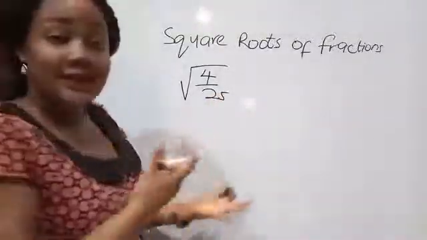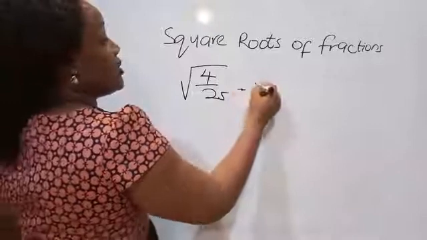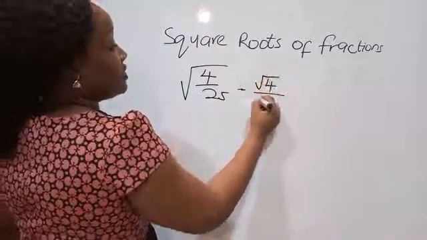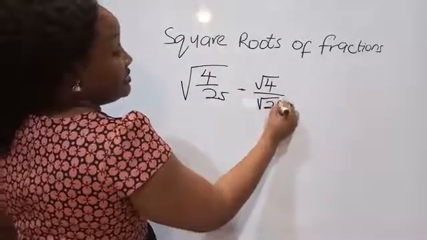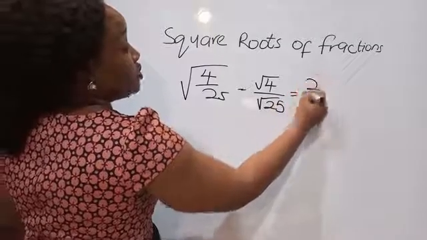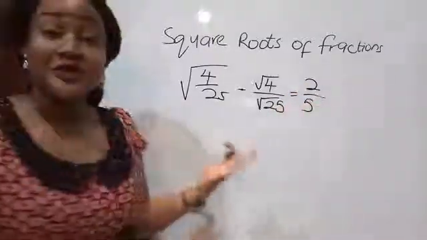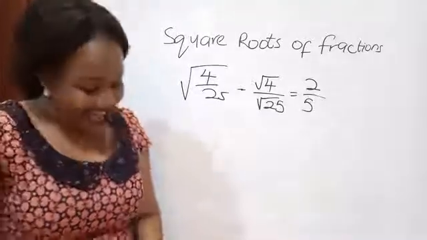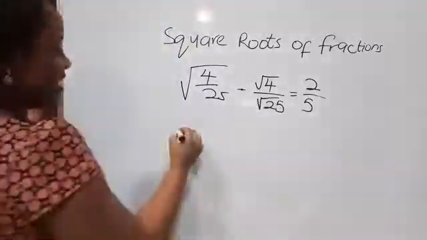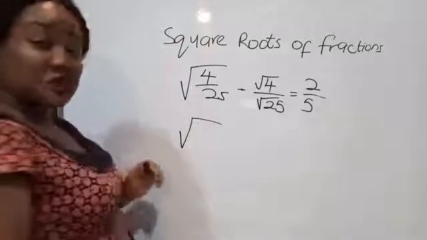It's the same thing as saying square root of 4 over square root of 25, which is equal to what? 2 over 5. Voila!